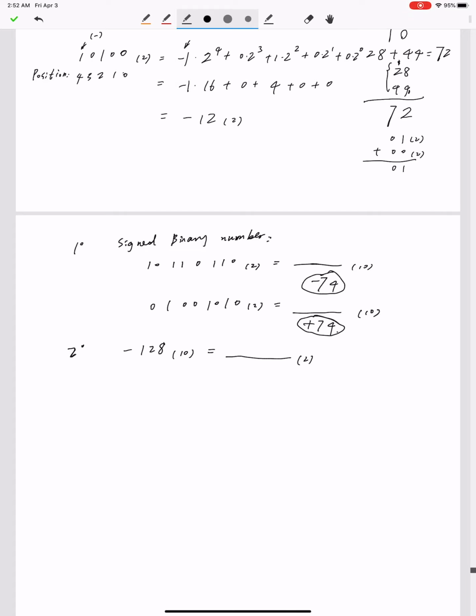And what is minus 23 in the binary representation? For minus 128, I give you the final result, that is 10000000. Minus 23 is 101001.